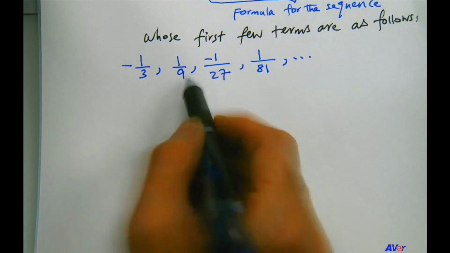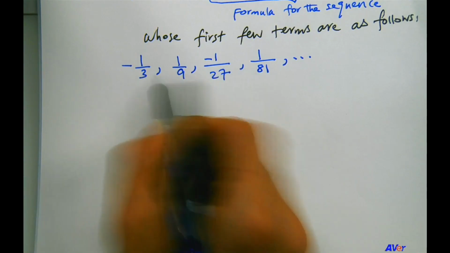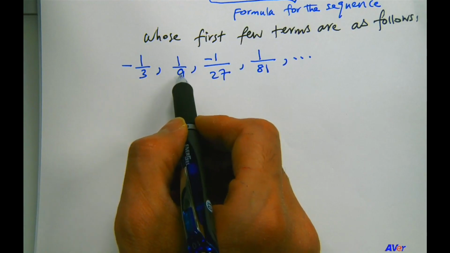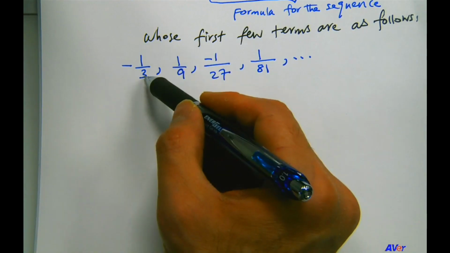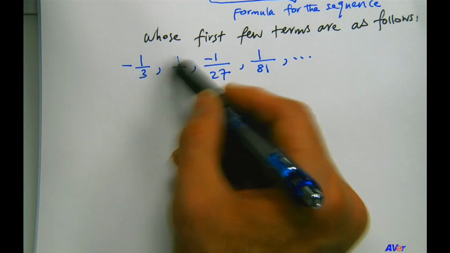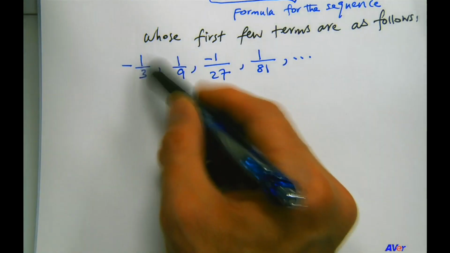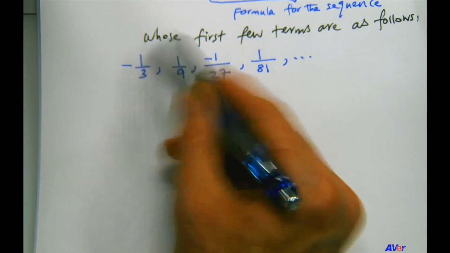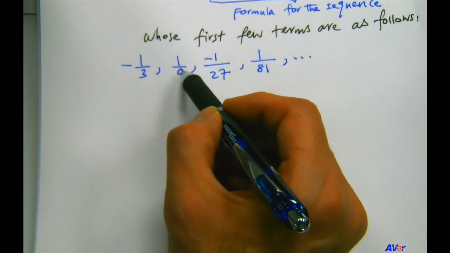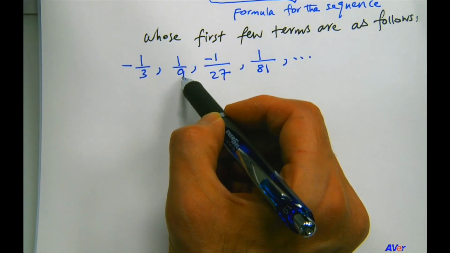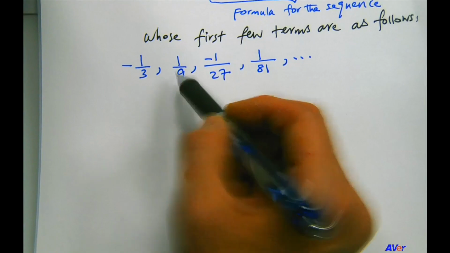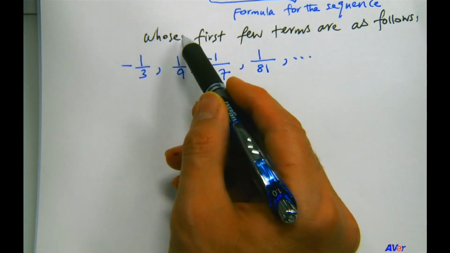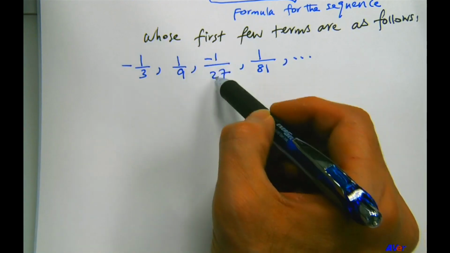So it looks like the denominators are multiples of 3, and more specifically, you can write each as some power of this whole fraction. So if you take minus 1/3 squared, you get positive 1/9, right? And then minus 1/3 to the third power, you get minus 1/27.